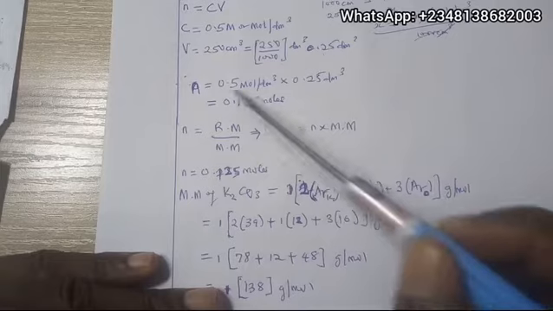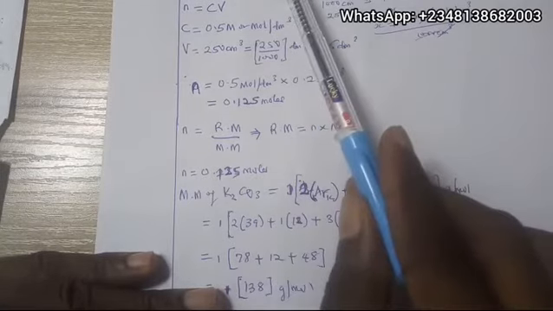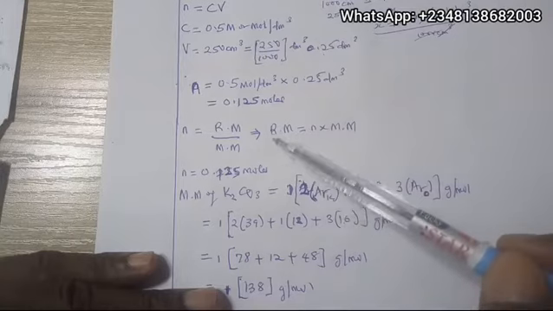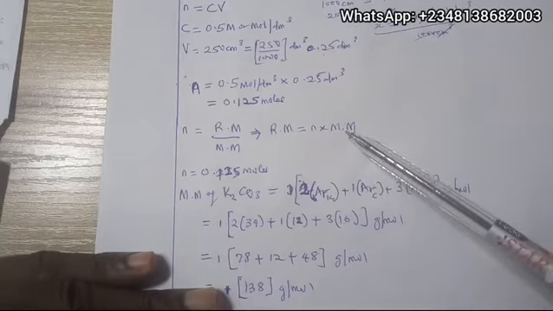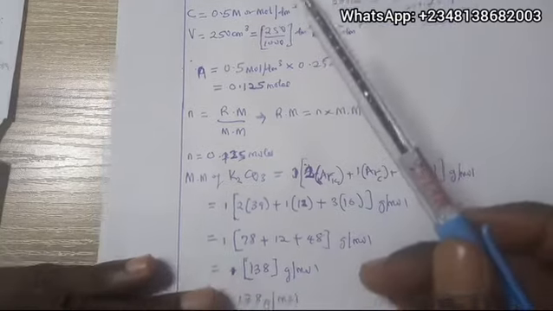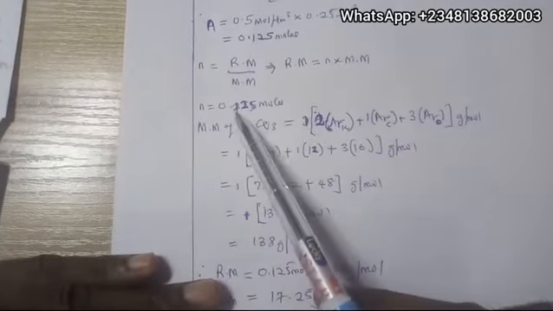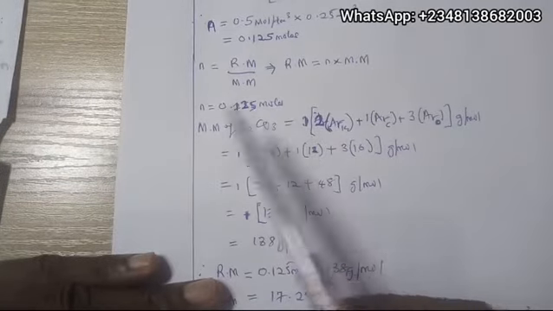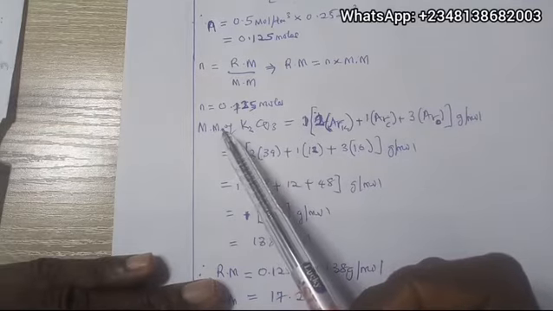We are looking for the reacting mass, which is the mass required to make this solution. So Rm is equal to number of moles times the molar mass of potassium trioxocarbonate(IV). Remember, we already calculated number of moles to be 0.125 moles. Now, what is the molar mass of potassium trioxocarbonate(IV)?